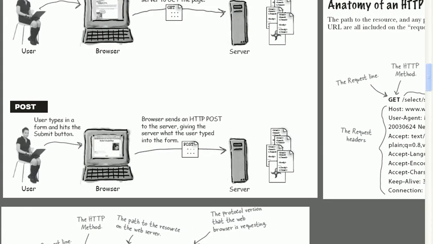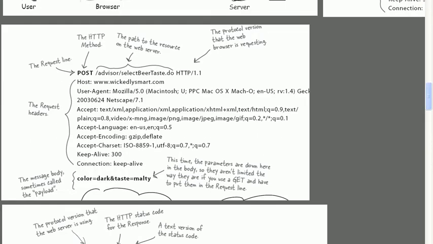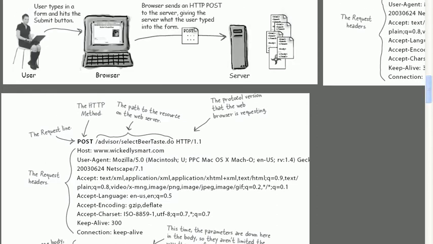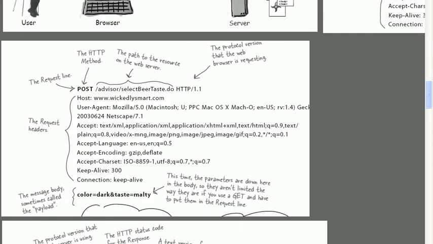In case of post, however, there's a request line, request headers, just like in here. And then you would state in the request line the HTTP method as well as the URL you're trying to access, but the form data is not appended.